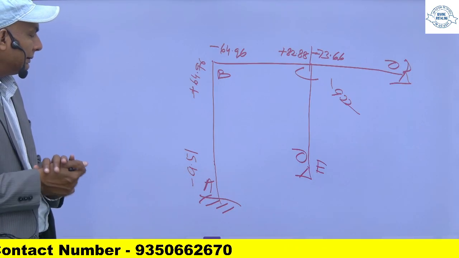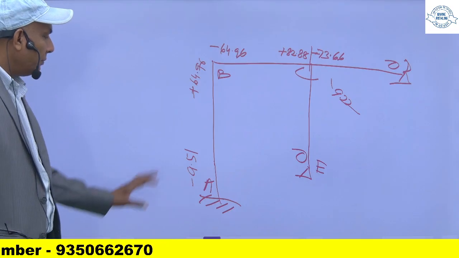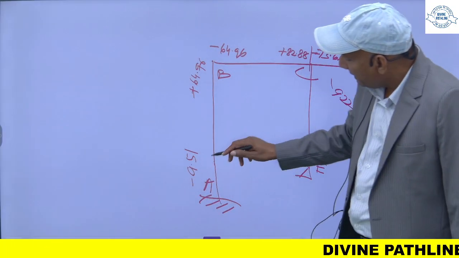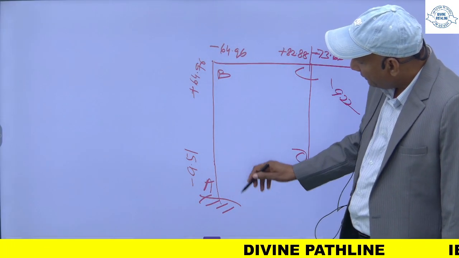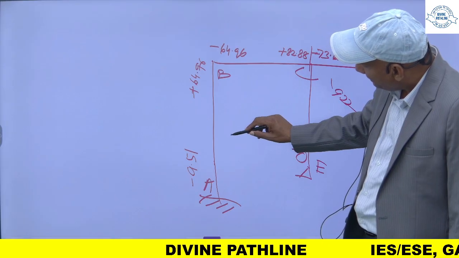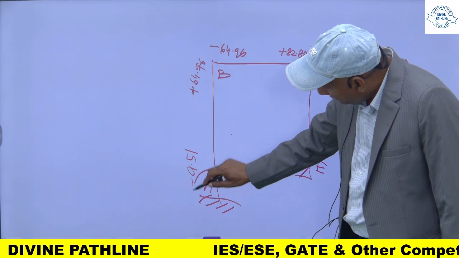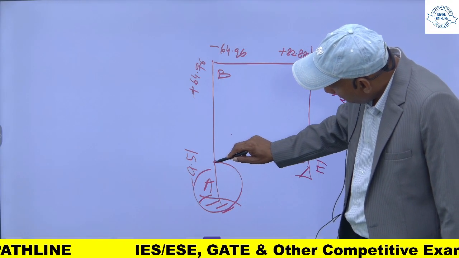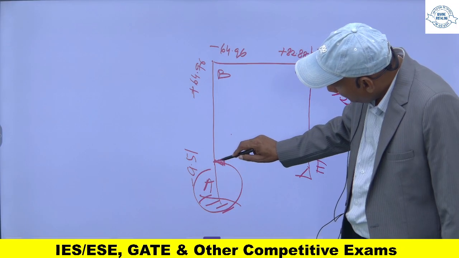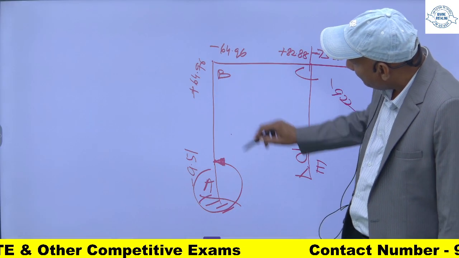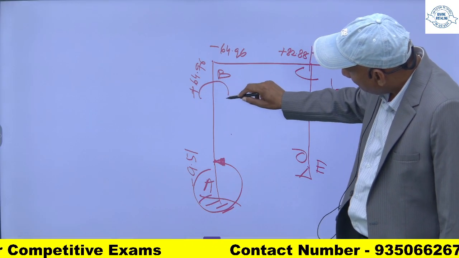Now apply the moments and their directions. So this one is minus. Minus means anti-clockwise. So if you see from this point, if you are sitting here and see anti-clockwise, this moment is like this. This is anti-clockwise, and this one is plus 64.96. It means this is clockwise.